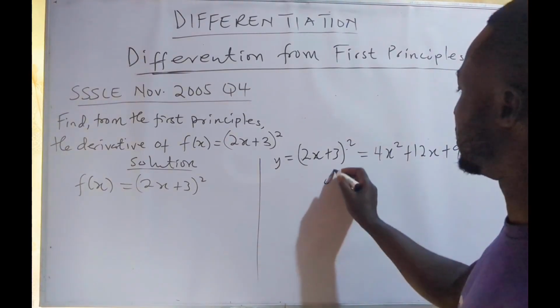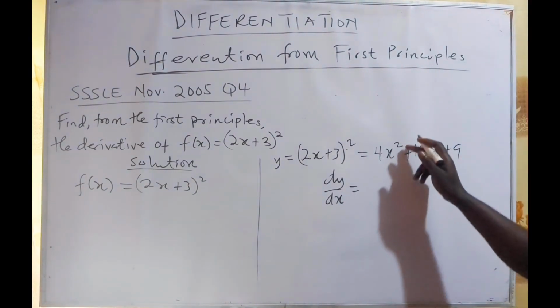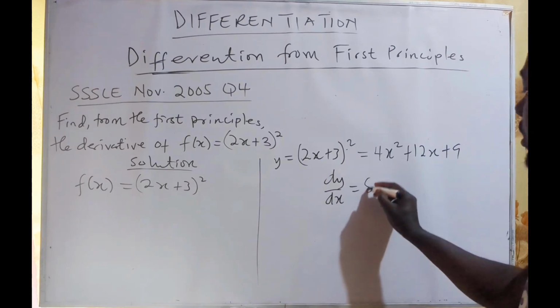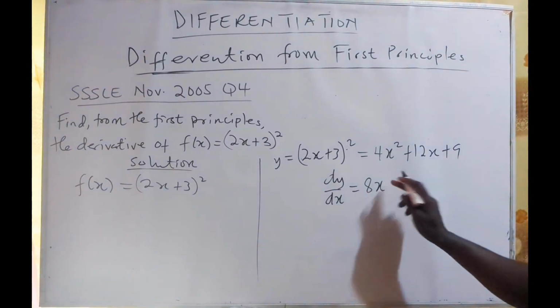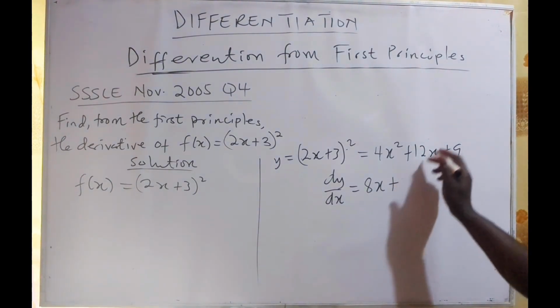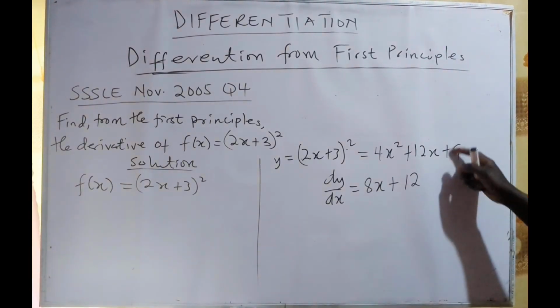It means that our dy on the dx on this will give us 2 times 4, which is 8x, then you subtract 1 from the exponent, 2 minus 1 gives us 1. So that is 8x plus 12. As we have already learned, the 9 will give us 0.